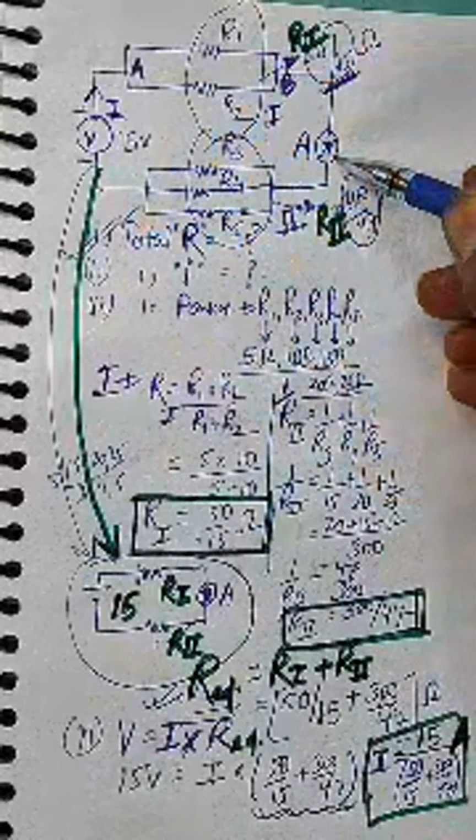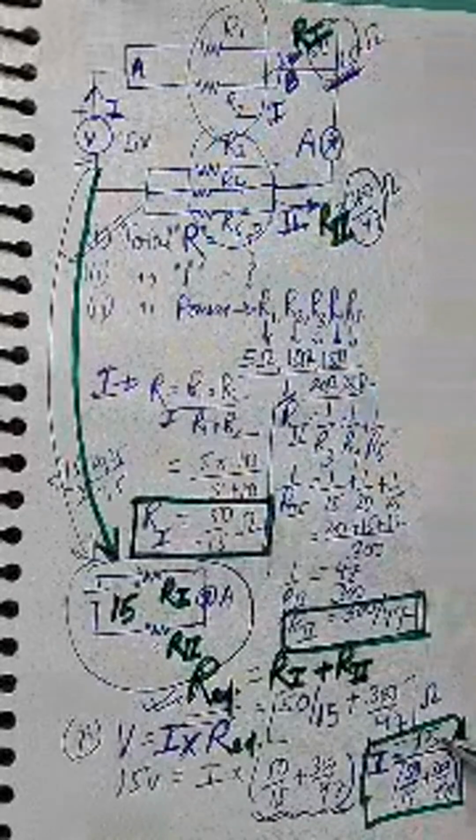The R1, the equivalent resistance 50 by 15, right, this equivalent resistance multiplied with the current flowing through it. What is the current? This current is the same current which is measured by the ammeter over here and whose value we have calculated.